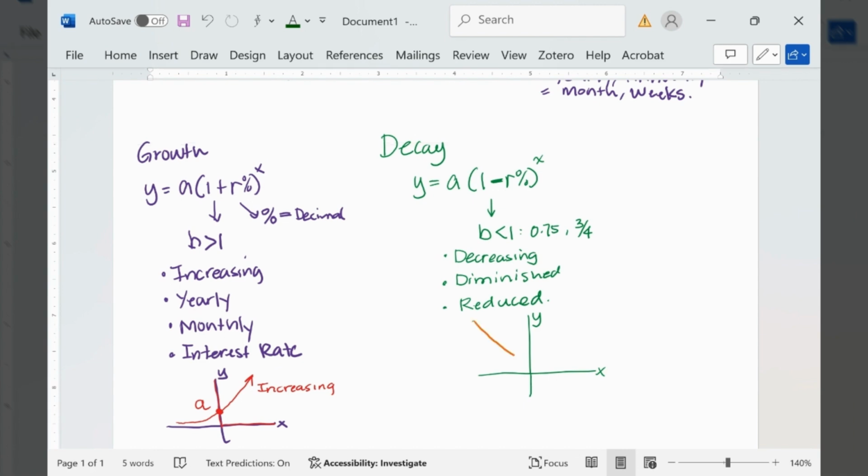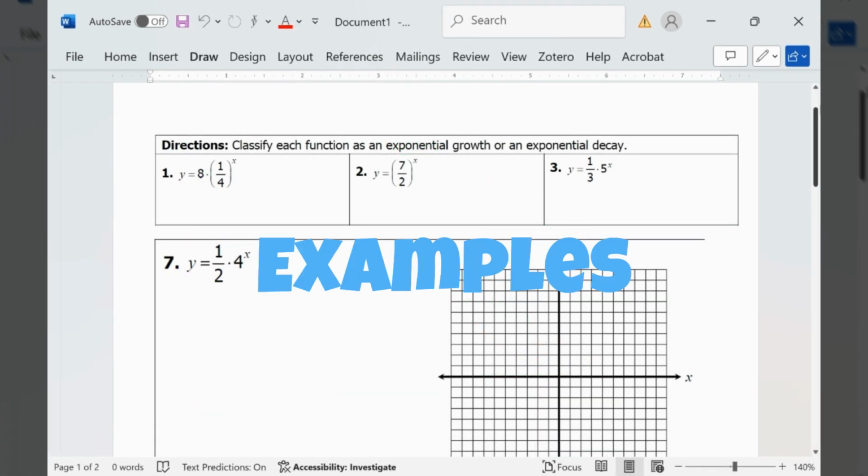It's going down on the x-axis. Okay, so this is your a. This is how you identify if the problem is growth or decay. Later on in the next video, I will help you to solve problems for growth and decay. Thank you.